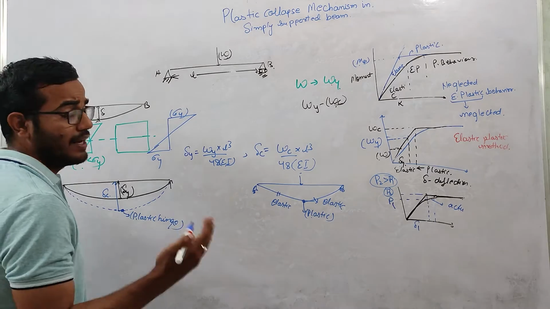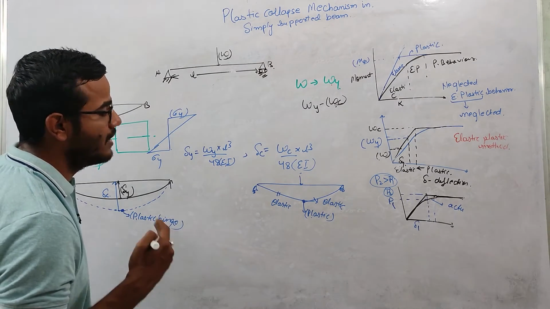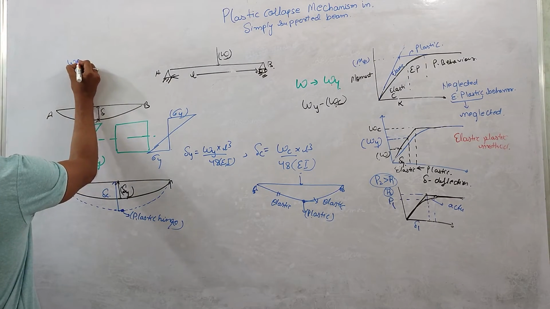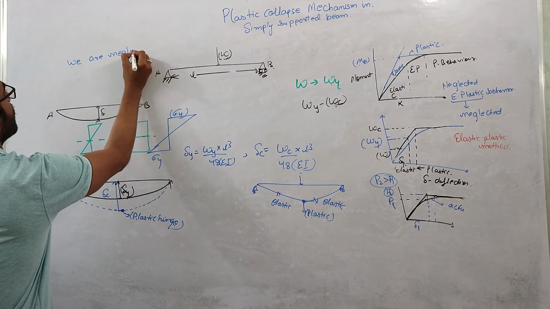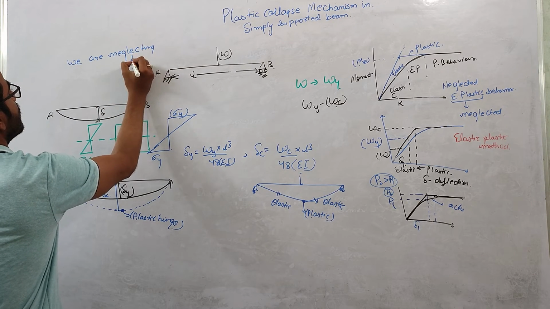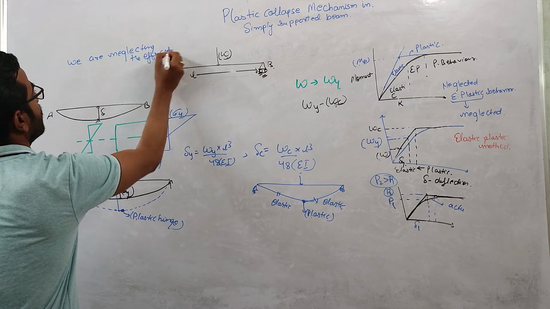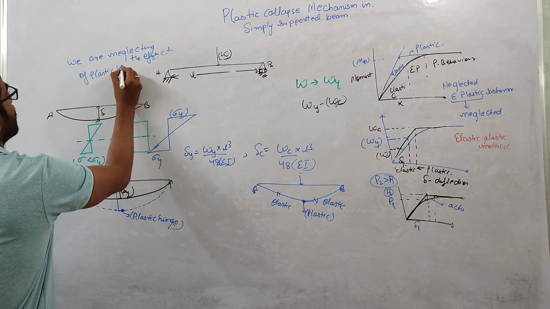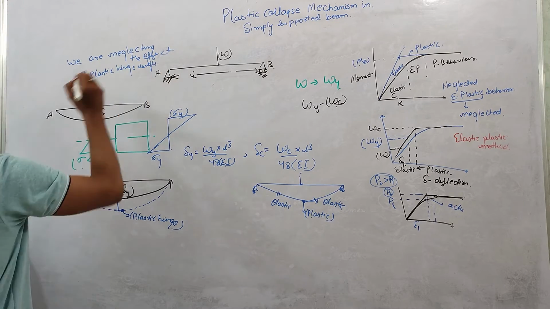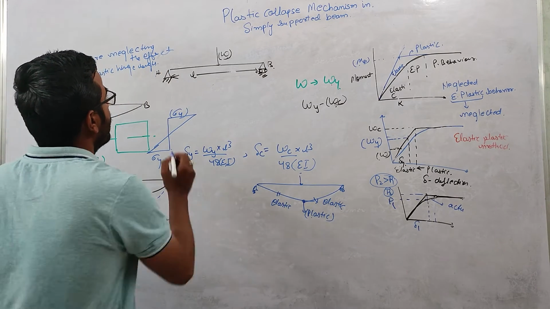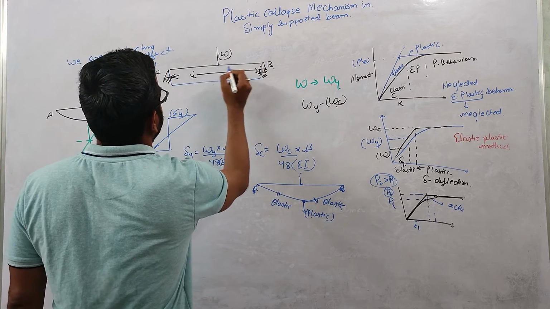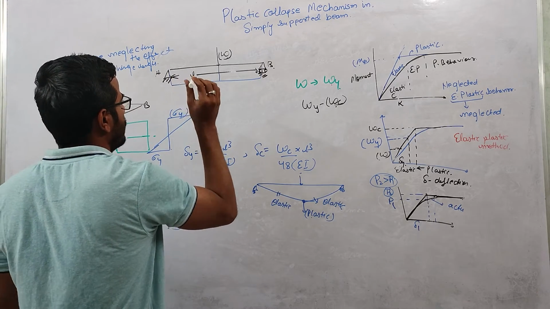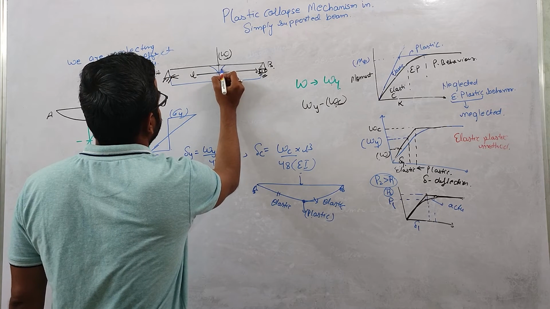We are also neglecting in our discussion the effect of the plastic hinge length, okay. Because if you see this cross section, if I am seeing this beam from this side, actually the plastic hinge will form like this.